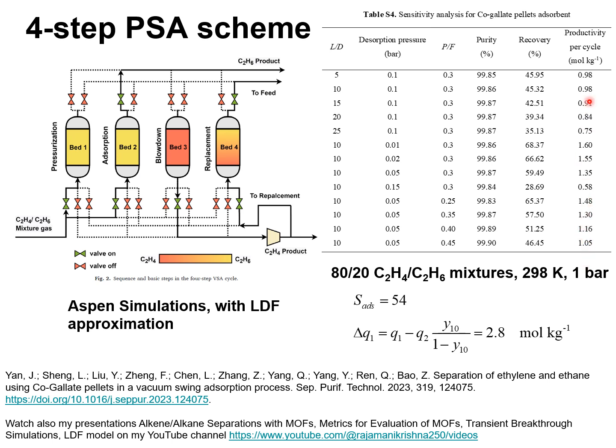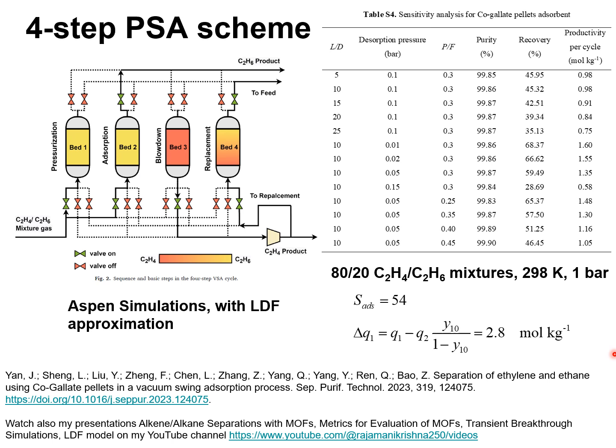I invite you to look at the productivity per cycle, and depending on the choice of the operating conditions, the maximum productivity that is achievable in the simplified PSA scheme is 1.6 moles per kilogram per cycle.